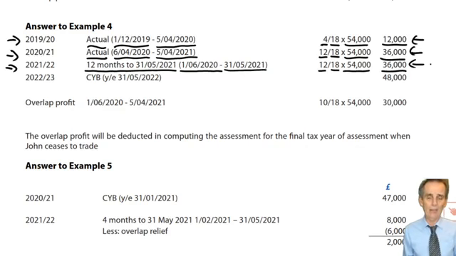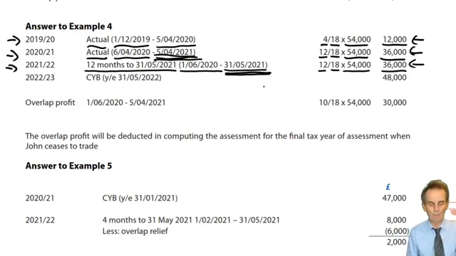Do we now have an overlap period? You bet we do. In the second tax year, you'd come as far as the 5th of April 21. The third tax year, covering again a 12-month period, goes only as far as the 31st of May 21. We have got, therefore, just 2 more months of profit being brought into the assessment period. We'd come as far as the 5th of April. We therefore now go April and May through to the end of that period.